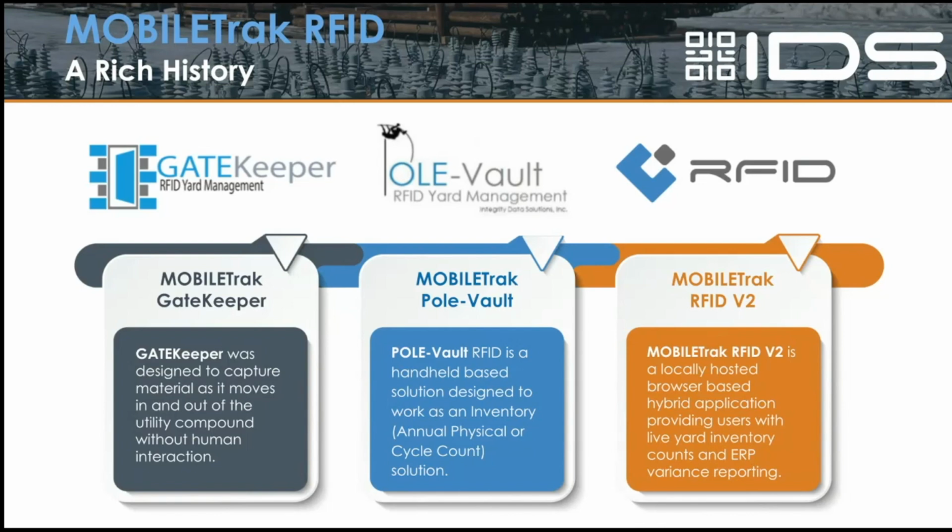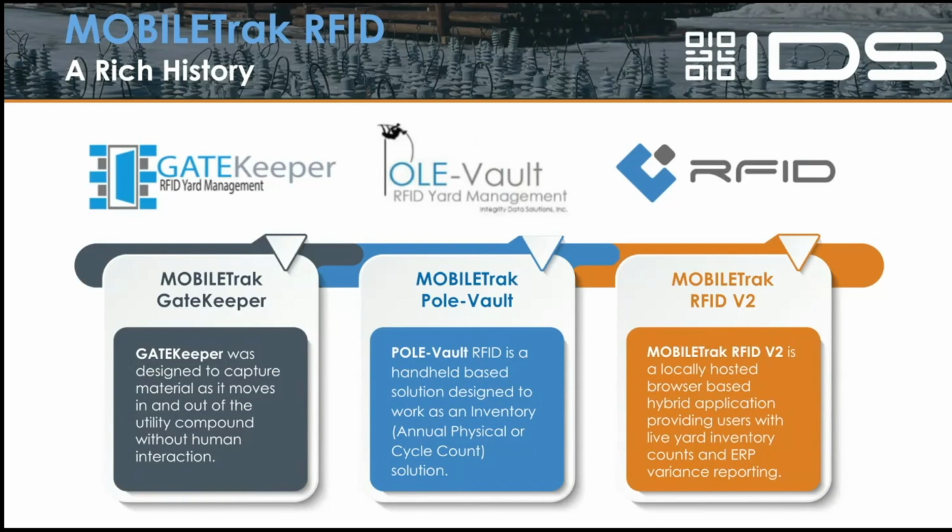So Pole Vault RFID is a handheld-based solution designed to work as an inventory or actual physical or cycle count solution. So if you can imagine, we're tracking assets as they come in and out of the yard. If the fixed readers misread or get a bad read or don't read or just can't see a tag, Pole Vault was designed for someone to take a handheld RFID mobile device and walk around the yard and take a cycle count.